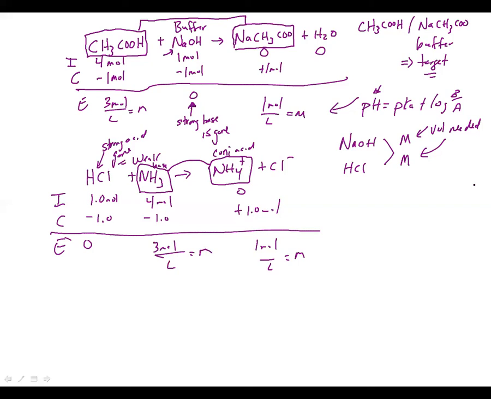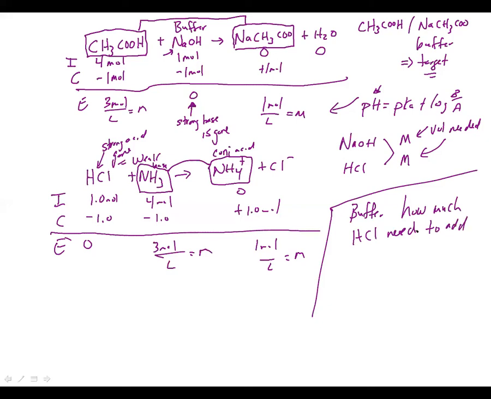Now, also, I believe in part 3, it's the last part of the experiment. Once you figure all this out, you will have to figure out one last thing, or 2 last things. Once you have your buffer, you will have to figure out how much HCl is needed to add to lower the pH by a certain unit.